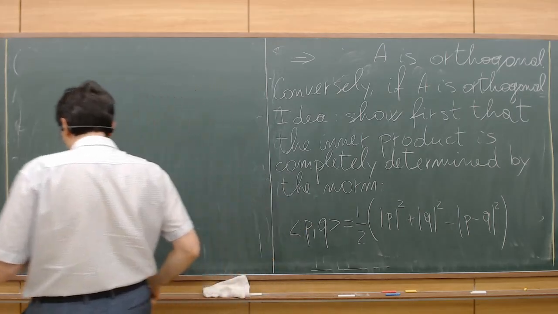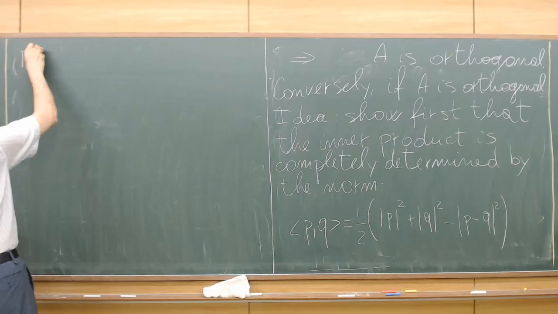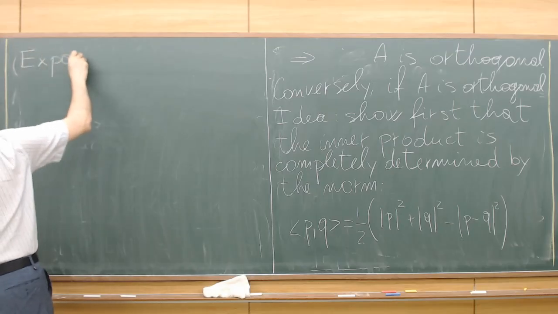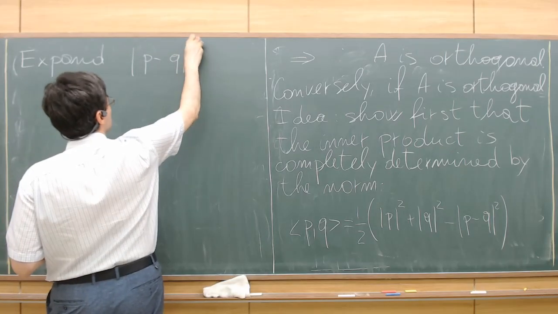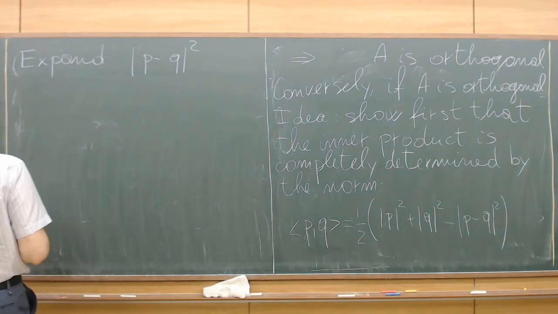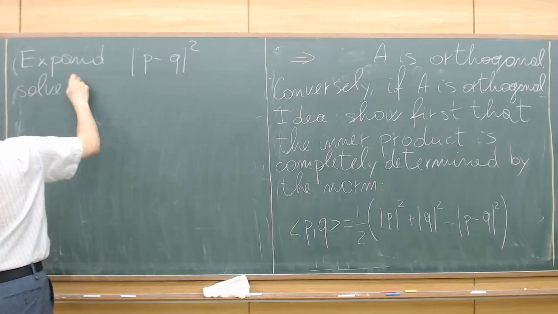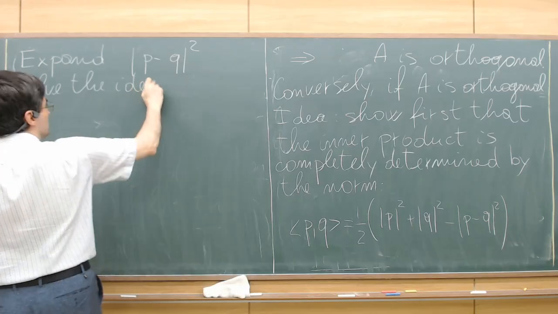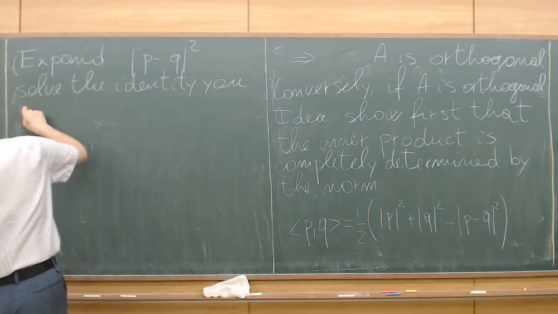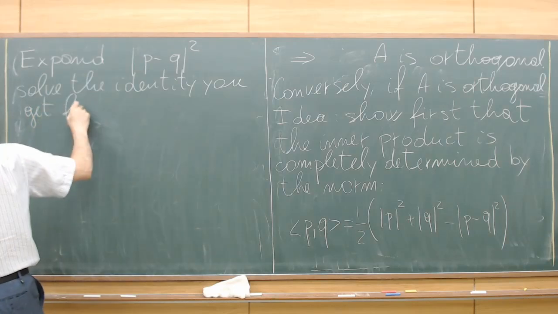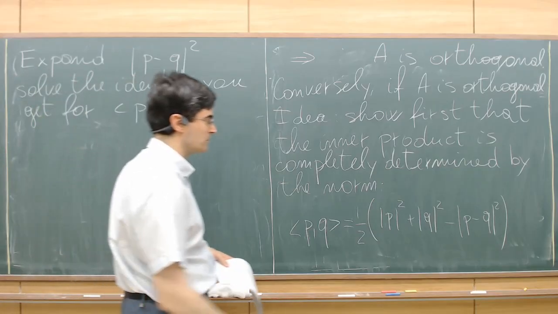This formula can be proved by writing down the expansion for the length squared of P minus Q and solving the identity. You get the inner product of P and Q, and you will get this formula.